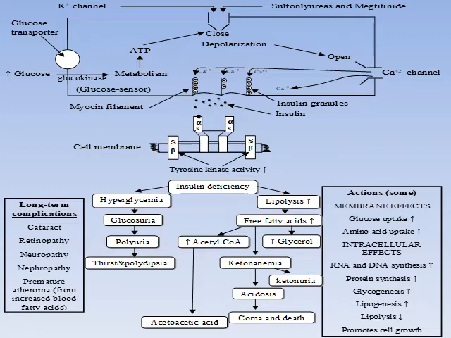So by this contraction these granules will be close to the cell membrane and will cause a pulsatile release of insulin by exocytosis. What will insulin do for us? It will increase glucose and amino acid uptake, protein synthesis, increase glycogenesis, lipogenesis, promote cell growth, because it is an anabolic hormone.